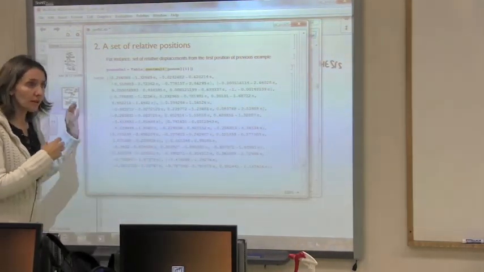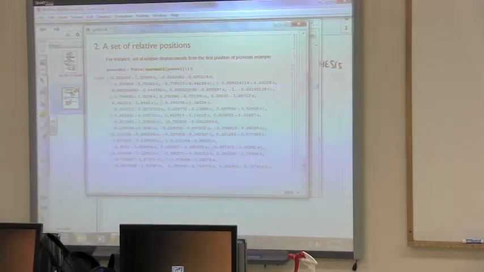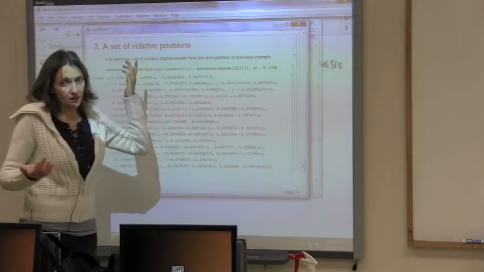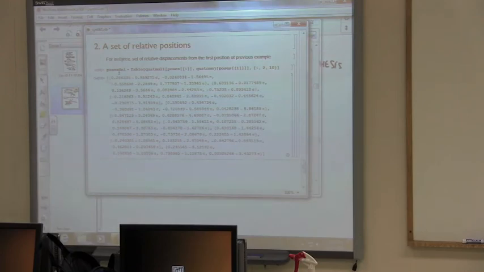And remember that for dual quaternions, the inverse is the same as the conjugate. So quad conj poses 1. Just this operation, that's the relative, and now I from 2 to 10. The first one will be the identity, poses 1 times the inverse is the identity. We assume that we can reach the identity by not moving, and here you have your relative positions.